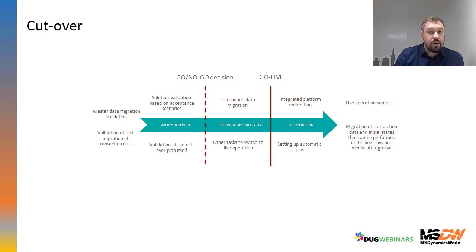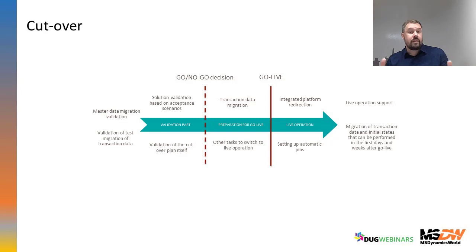If we make the go decision, then there is the transaction data migration, usually those several hours we have spoken about before, and other tasks to switch to a live operation, especially if there are integrations to e-shops, external warehouse management systems, and other external platforms.